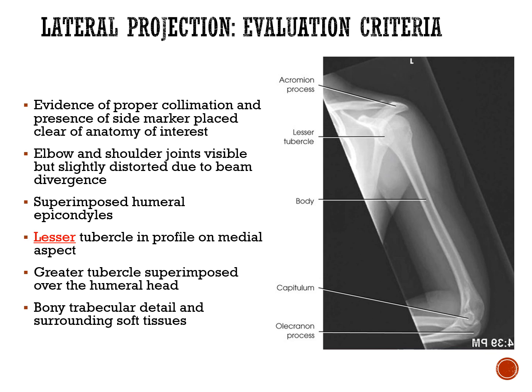So taking a look at the image shown here, we want to see the lesser tubercle in profile. It'll be superimposed over the scapula, but it's still in profile. And the epicondyles should be superimposed, and we should be able to see the olecranon process as well. And that concludes our lesson on the upper extremity.